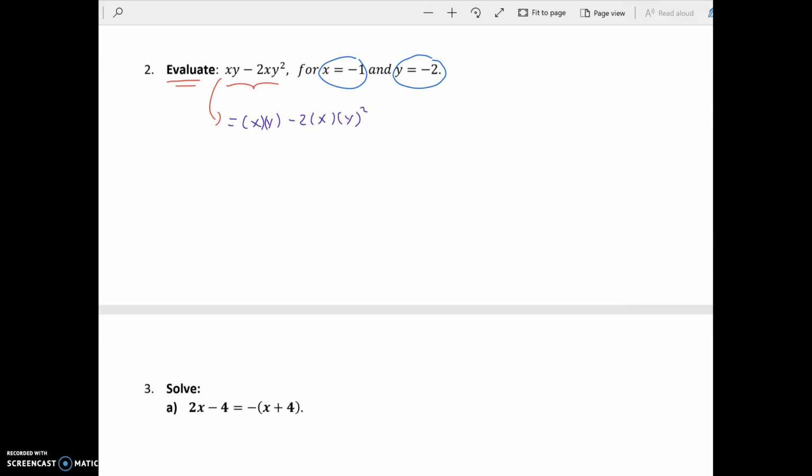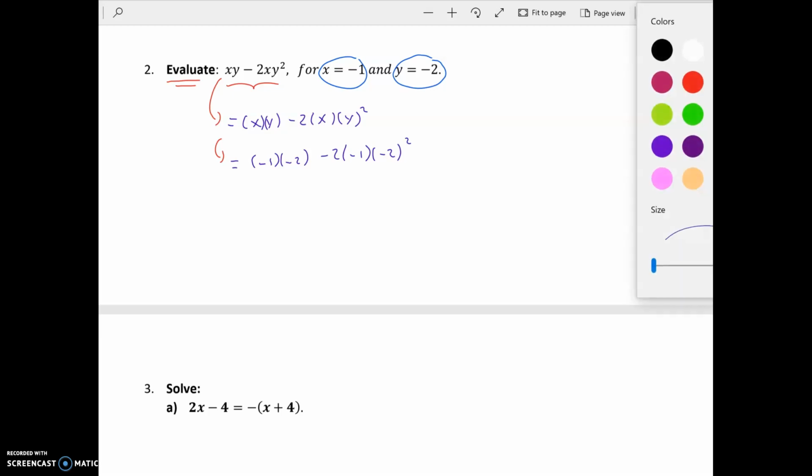And then all we have to do in the next step is into the actual polynomial, we're going to be evaluating for the x is -1 and for the y is -2. So in this case, the x is equal to a -1 times your y is a -2 minus a 2 times an x is a -1 and your y is a -2 to the second. Whoops, let me fix that portion there.